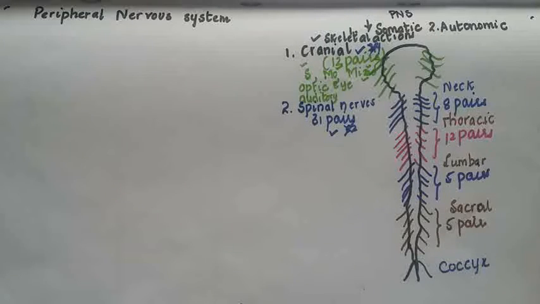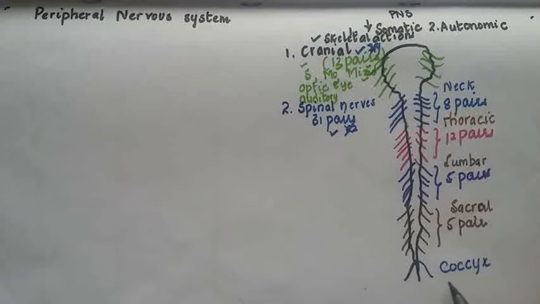So if you look at the total number, the total number of spinal nerves will be around 31 pairs.